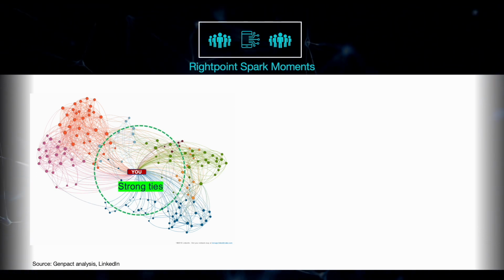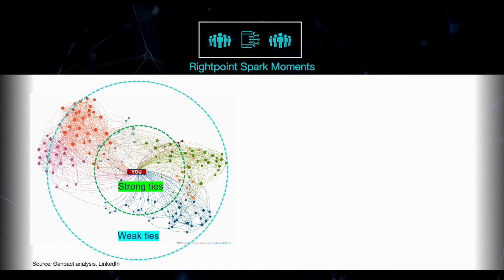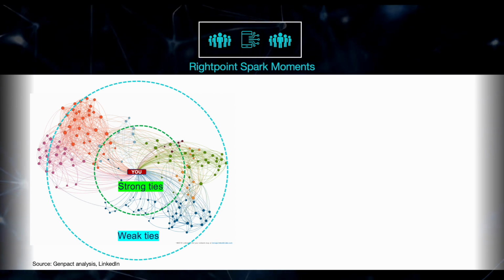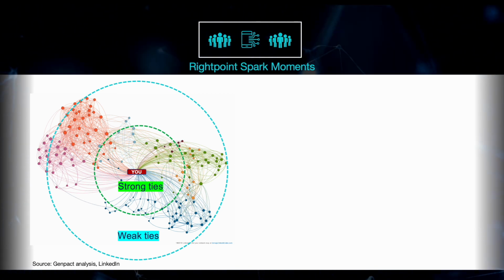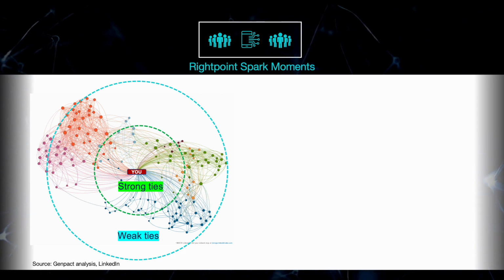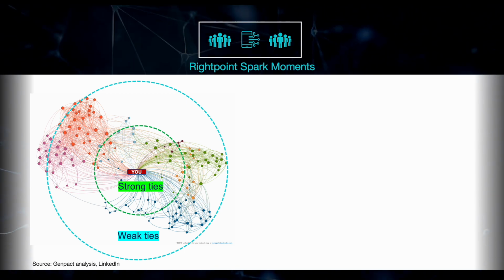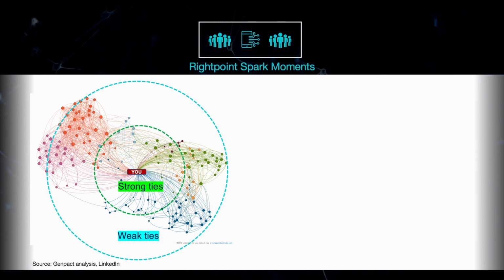So beyond the strong ties, those are the people you interact with every day, sits a much larger network of weak ties that may not make your daily work more feasible, but certainly are important for the transmission of new ideas and culture.